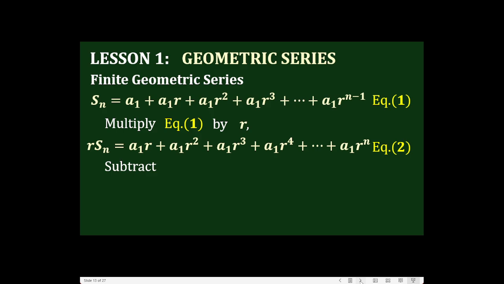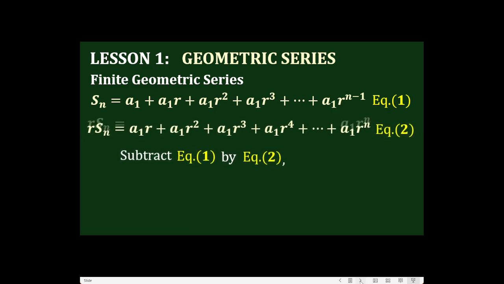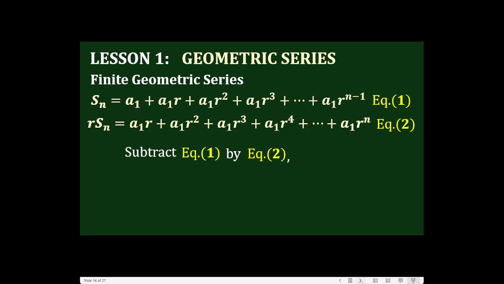Next, what we're going to do here is subtract equation 2 from equation 1 term by term. Now, when we do the subtraction, we can only do this to those terms that are similar. Now, let us highlight those similar terms that can be subtracted.